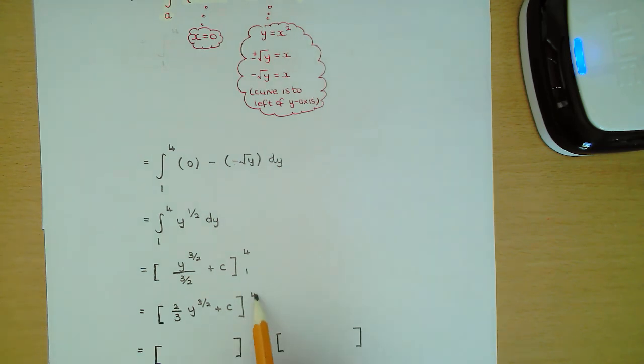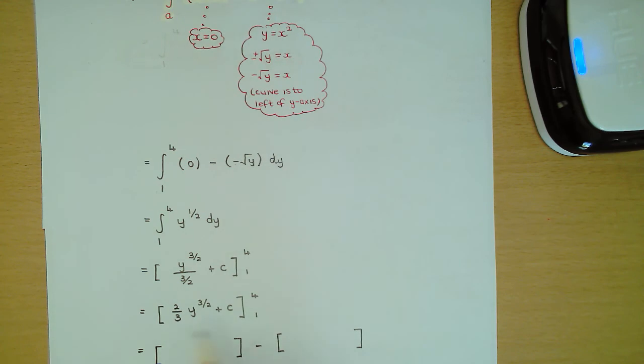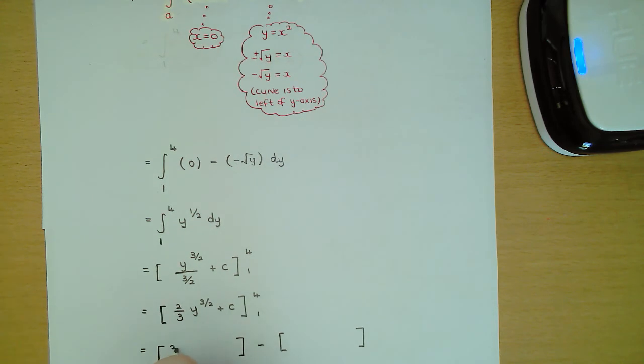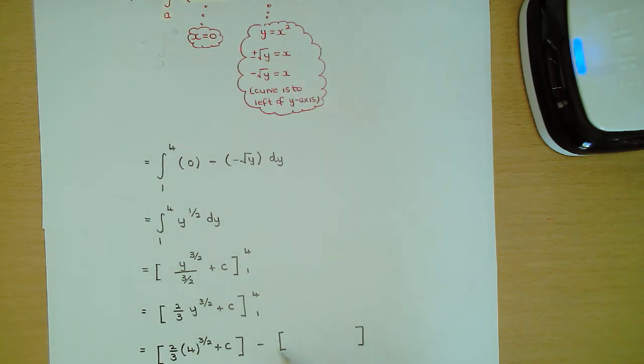We're going to put the top limit into the integrated expression in the first square bracket. So we're going to have 2/3 times 4 to the power 3 over 2 plus c. And then in the second square bracket, we're going to put the bottom limit into the integrated expression. So we've got 2/3 times 1 to the power 3 over 2 plus c.